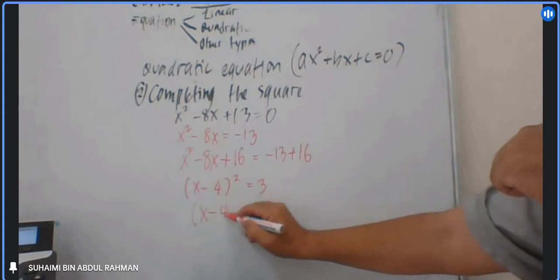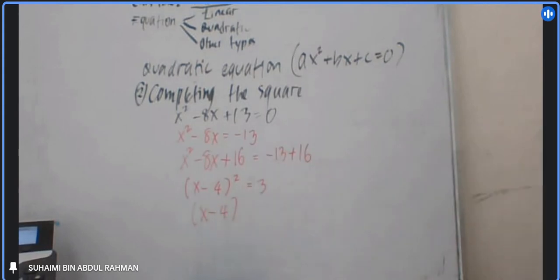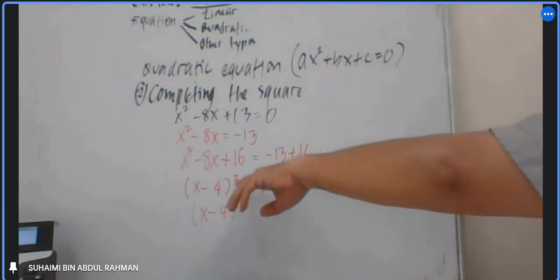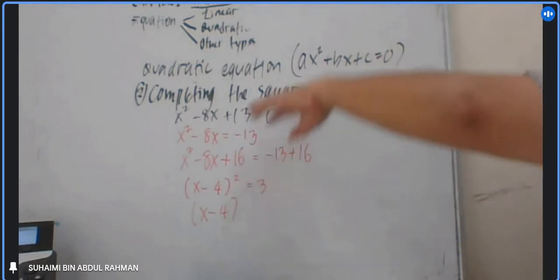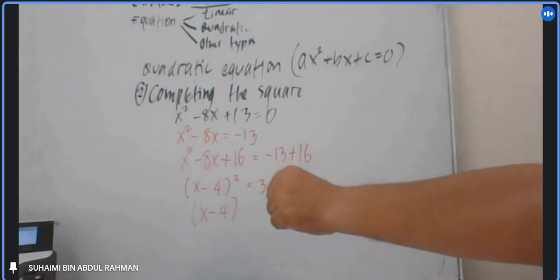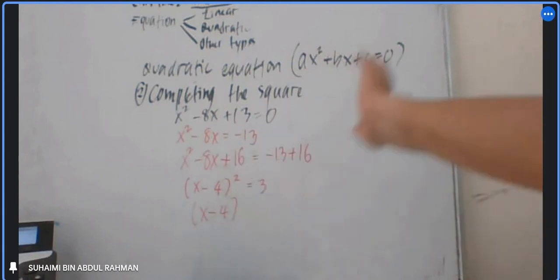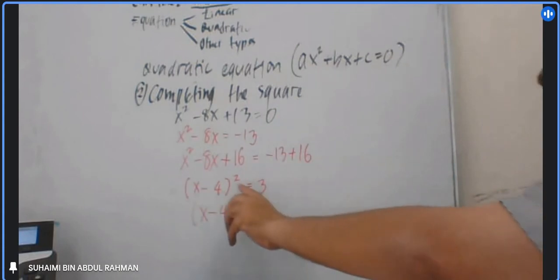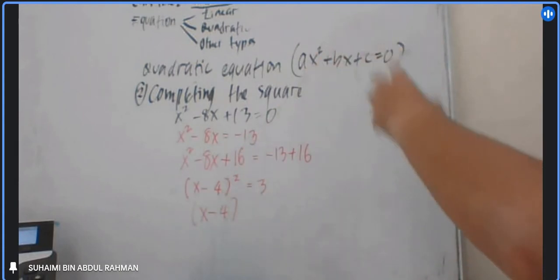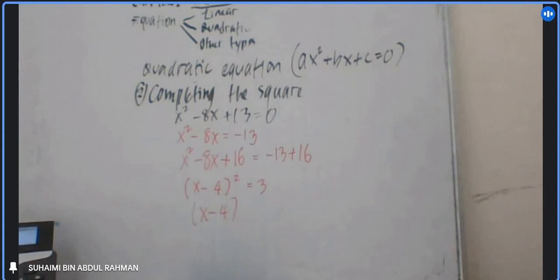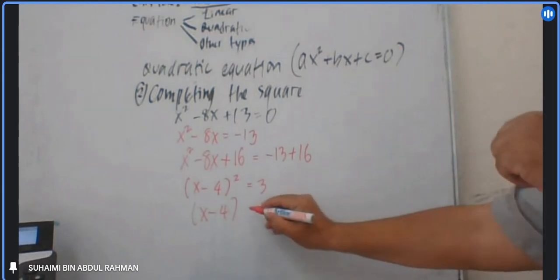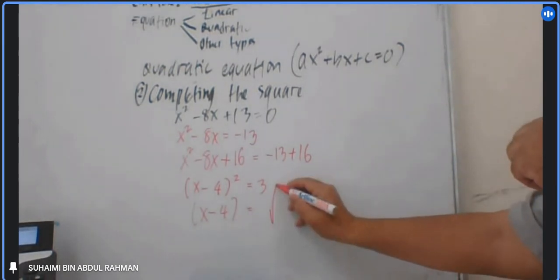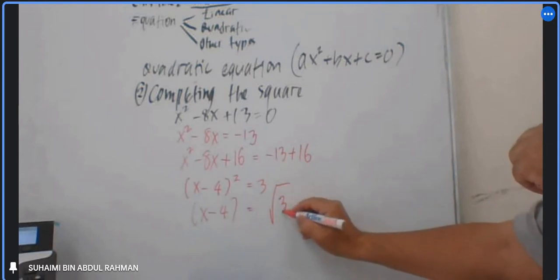X minus 4 only, because we want to remove the square. We don't want the square. We want to find the value of x. We want to remove the square. And when we want to remove the square on our left, we have to put the square root on our right. So on our right, we have to put the square root of 3.